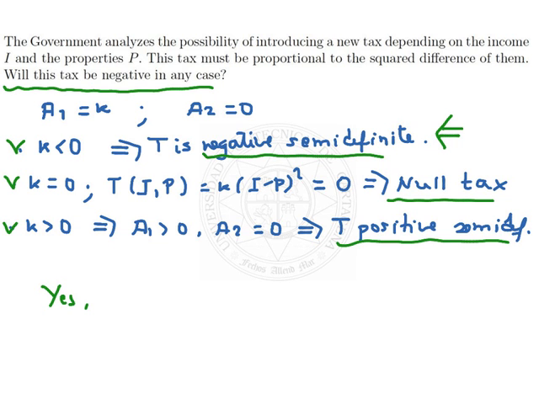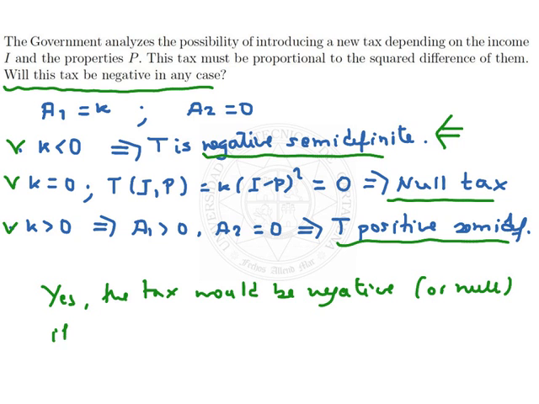The tax would be negative or null if k is negative.